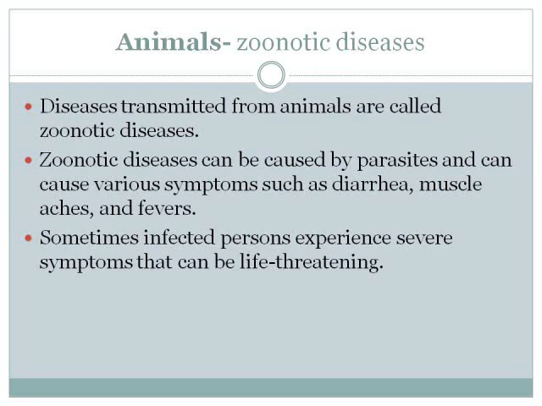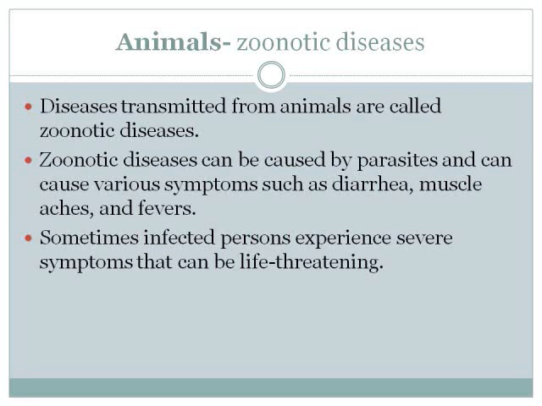If you are going through a process whereby you acquire these diseases, sometimes infected persons may experience symptoms that can be life-threatening. All this information is available on the CDC website. I would encourage you to go, just for your own interest, regardless of preparing for an exam, because these are important for you, and you can also find the information or statistics for a particular country that you belong to or plan to visit.